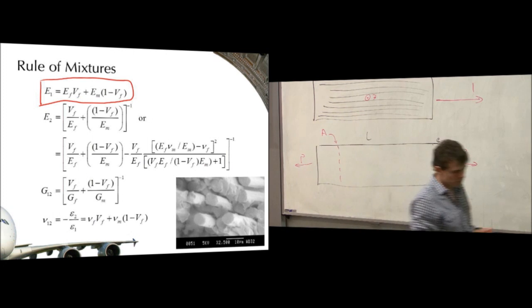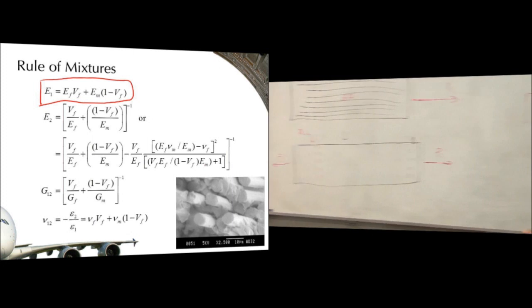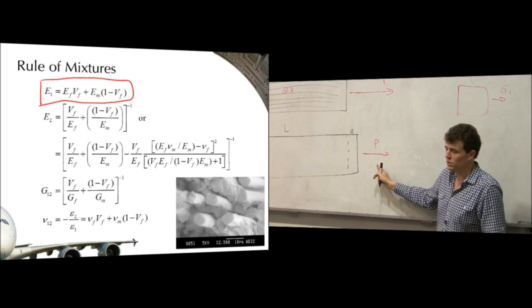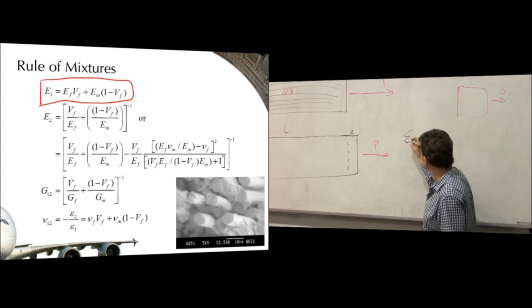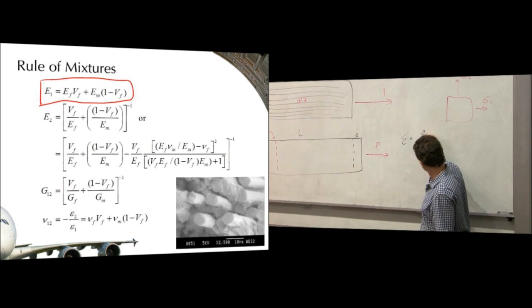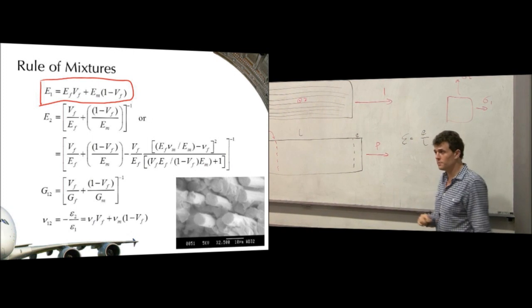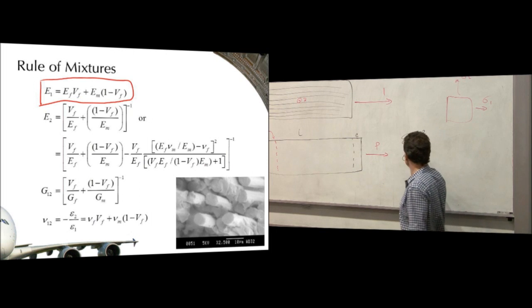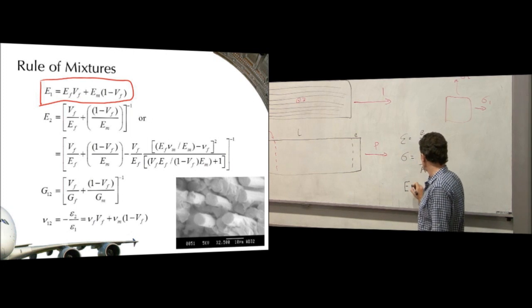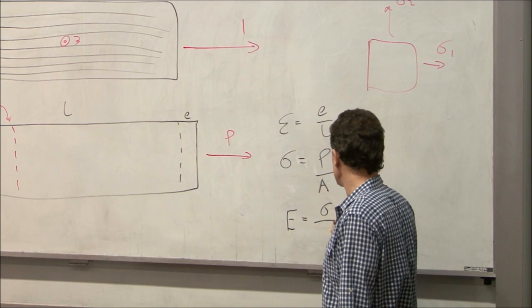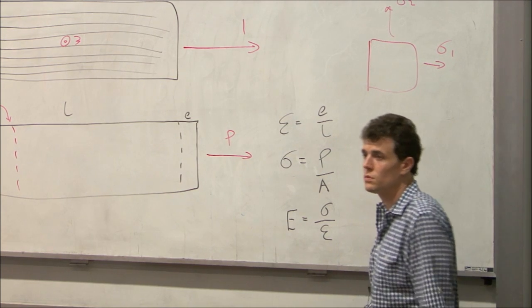We apply a load, measure a change in length. We get strain from the change in length over the initial length. We get stress from the force over the area. And we get modulus from stress over strain.